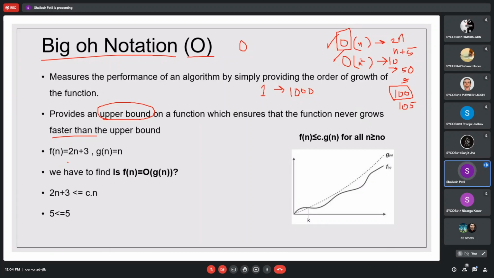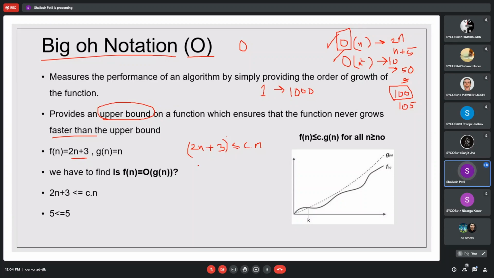We can take this one example: 2n plus 3. We can say that it is always less than or equal to c into n, where c is some constant. This 2n plus 3 is f of n. So what will happen?